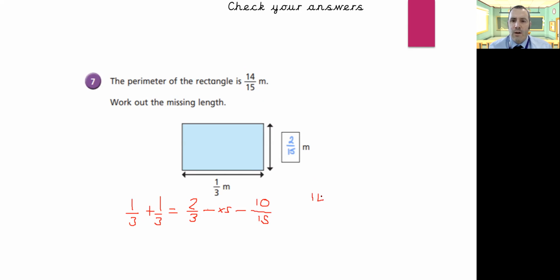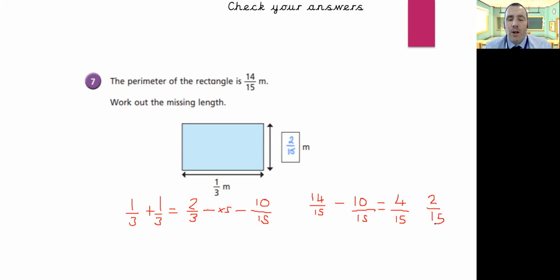So what I need to do now is 14/15 take away 10/15, which will give me 4/15. And then because I know it's over 2 sides, I'm going to divide my top by 2, which then gives me 2/15 as my missing measurement.